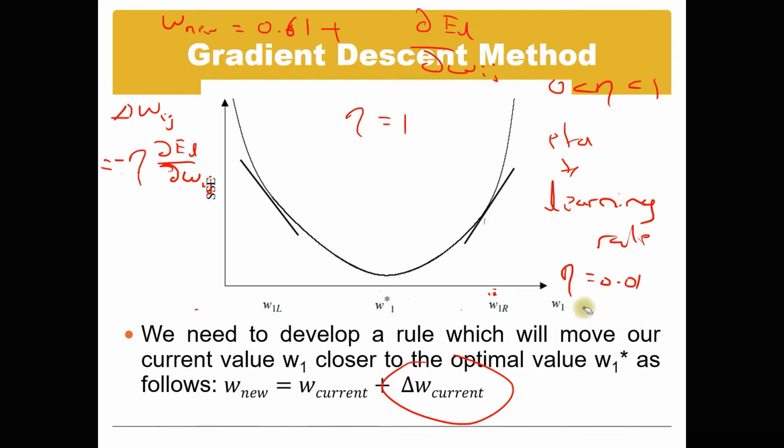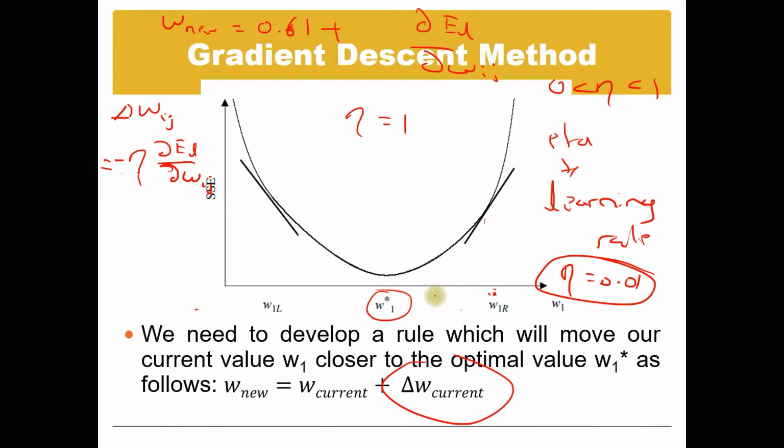So this is why you need to find an appropriate value of eta, which has to be through a trial and error basis again. You can't use an eta which is too big, and you can't use an eta which is too small. Too big means you will overshoot the optimal solution and will probably not reach it.